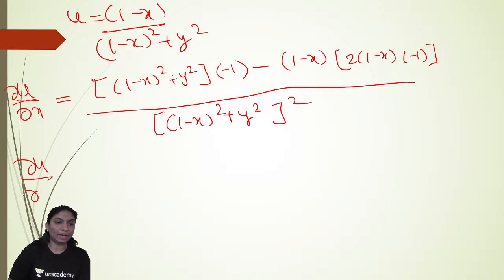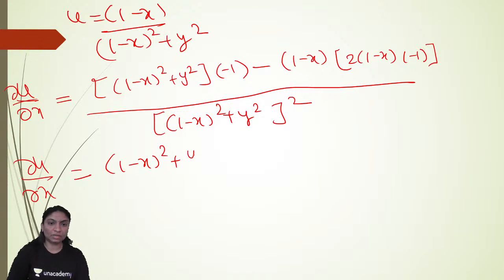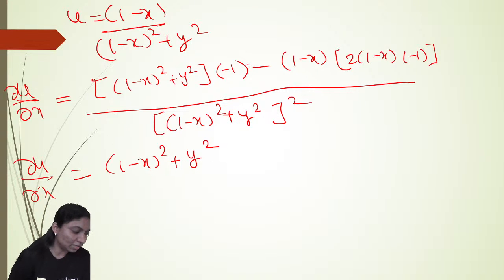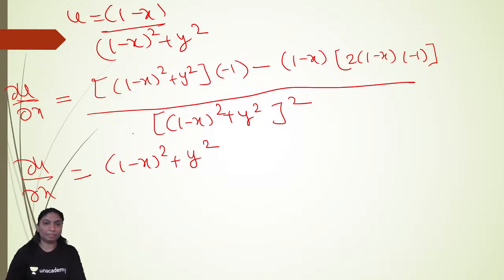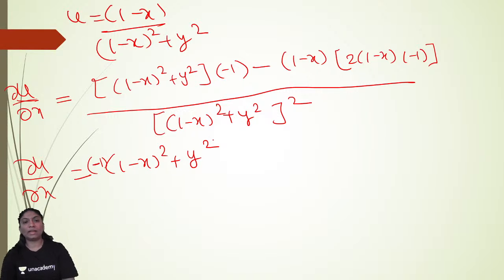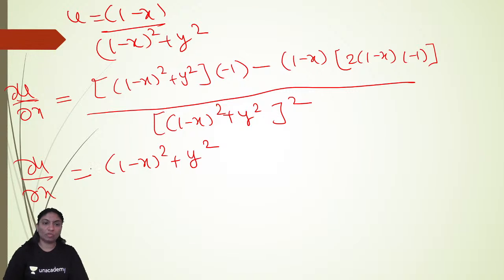So ∂u/∂x is equal to, if you see, (1 minus x) whole square plus y square into minus 1, so you will get minus of (1 minus x) square, and this is also minus y square, and then (1 minus x) into (1 minus x).